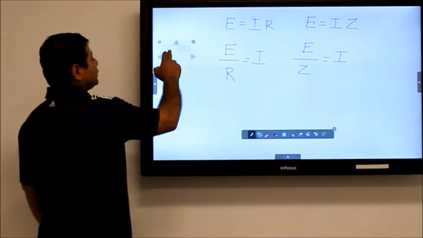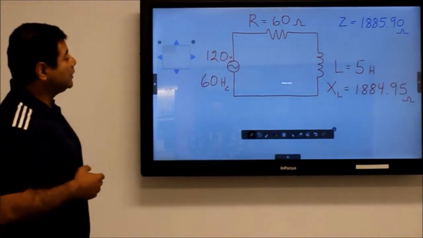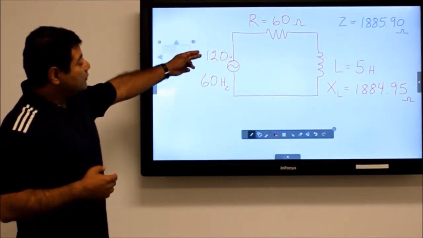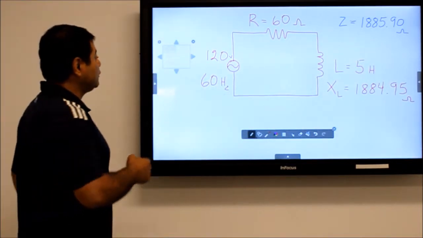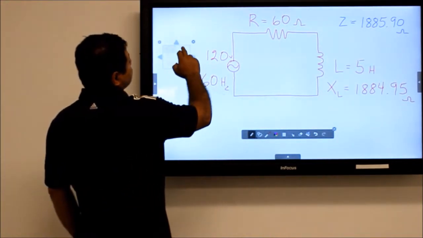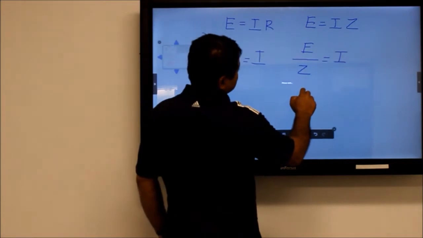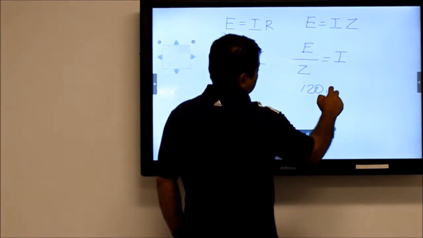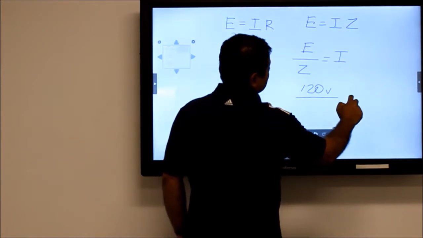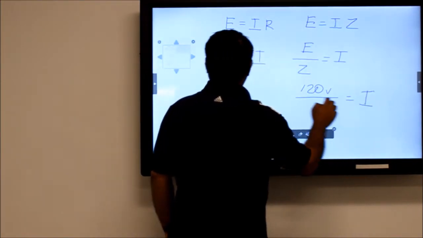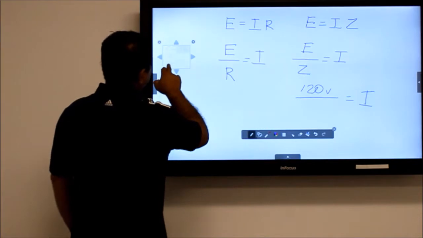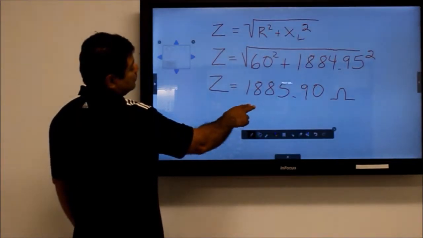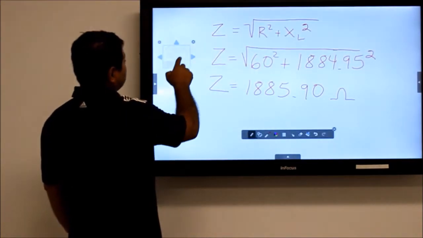So now let's go get our values. We go back to the circuit, and here we have the voltage for the entire circuit, which is 120 volts. So let me replace that. 120 volts. And now I need my impedance, which was 1885.90.